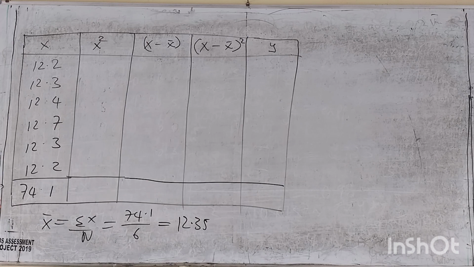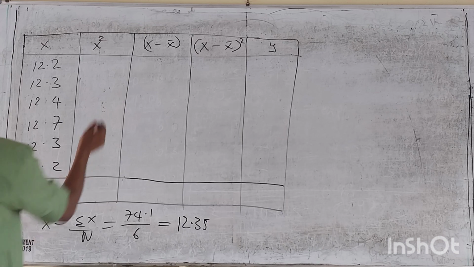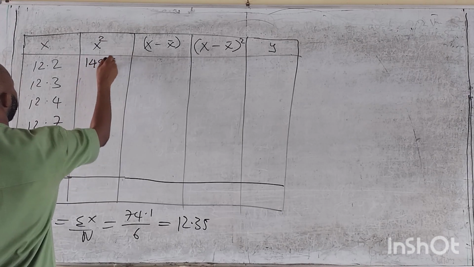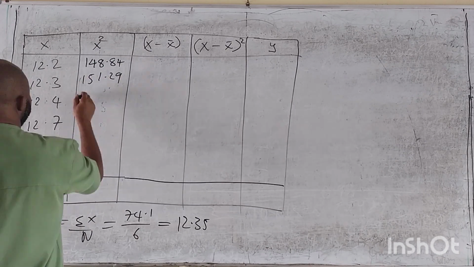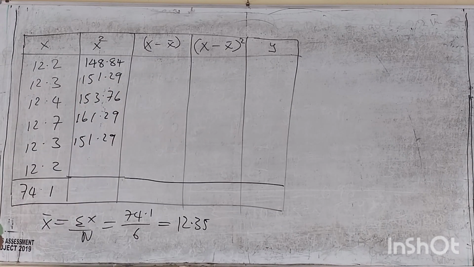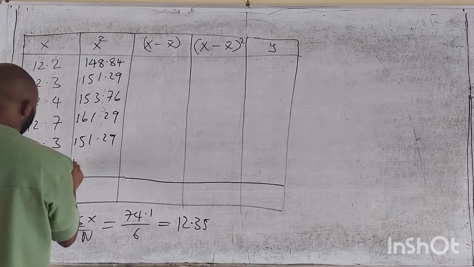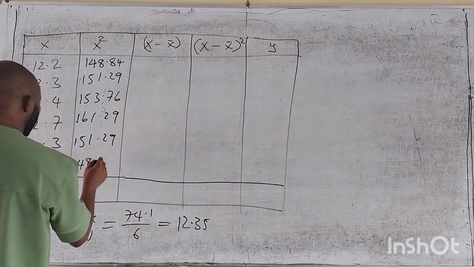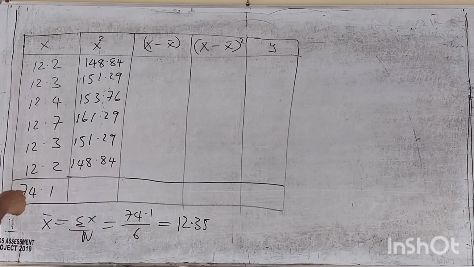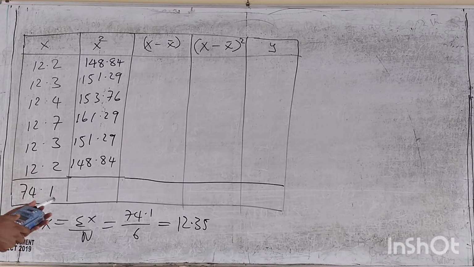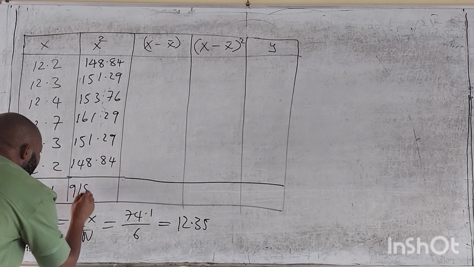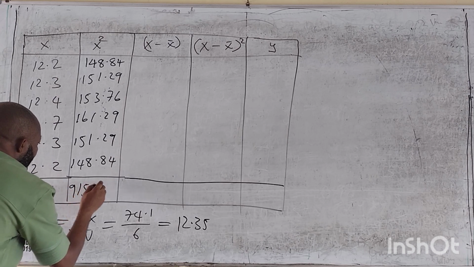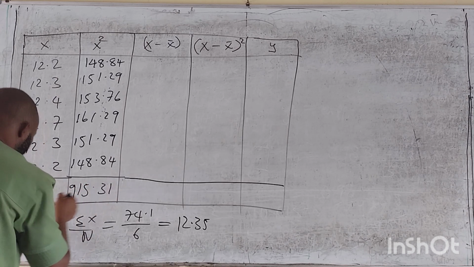We have 12.2 squared, 148.84. 148.84. We're going to sum these because we will need it to get our standard deviation. 915.31, sorry.